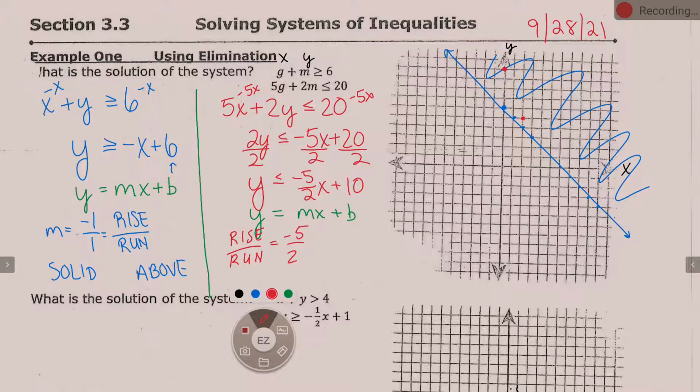I'm going to go again. Down 5, right 2. Down 5, right 2. I kept going with my dots because I want to be able to see my whole thing. I can't really go up 5 and left 2 on this one.